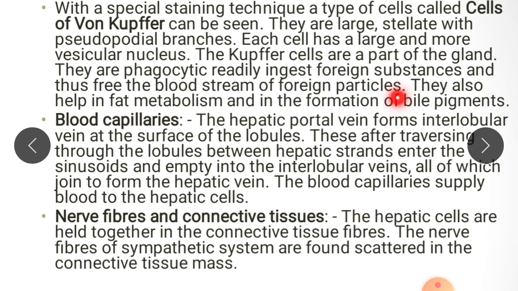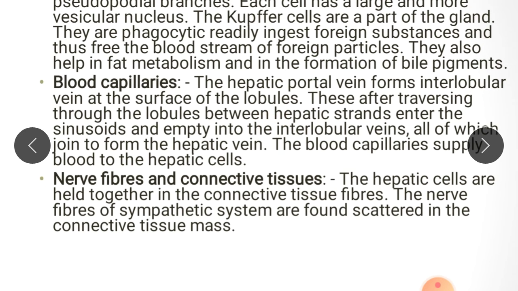Von Kupffer cells are present in the liver sinusoids, which kill the foreign bodies and foreign cells that come along the bloodstream. They also help in fat metabolism and in the formation of bile pigments. Next, blood capillaries.